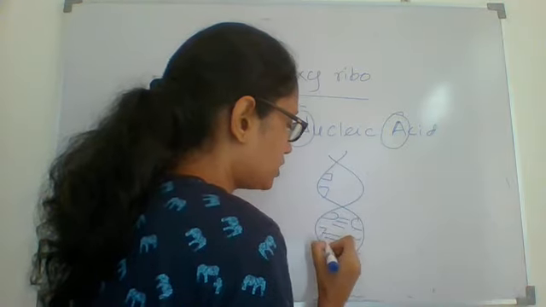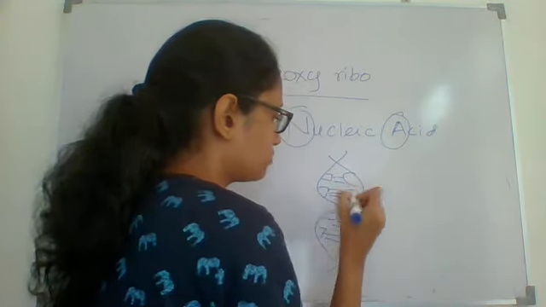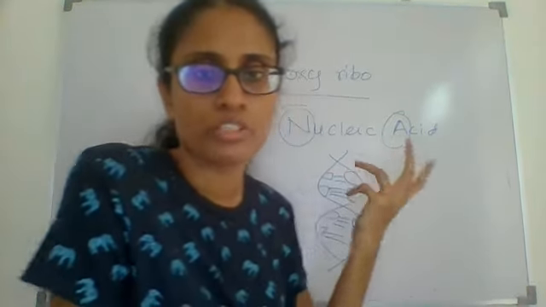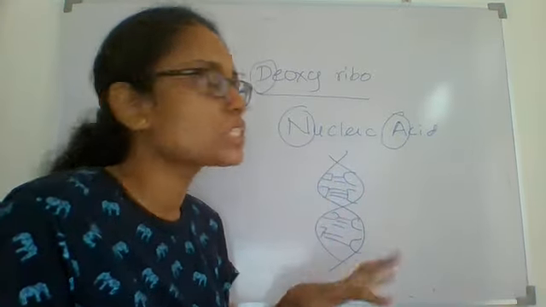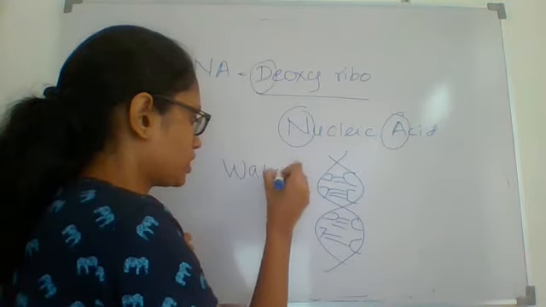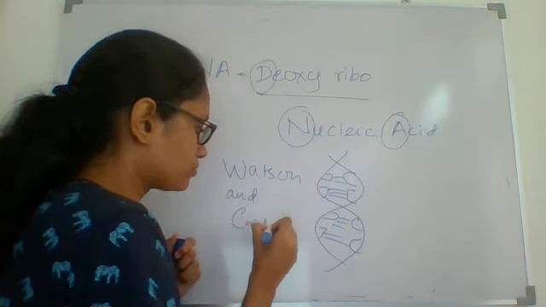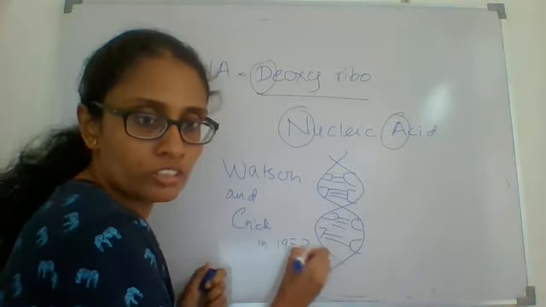They are adenine, thymine, guanine, cytosine, right? This structure was discovered by two scientists called Watson and Crick in 1953, right?